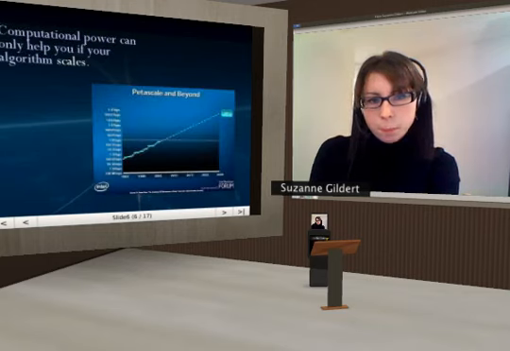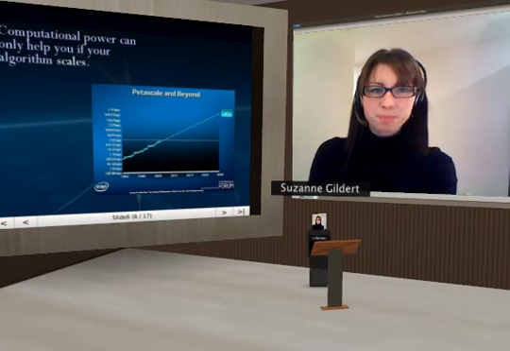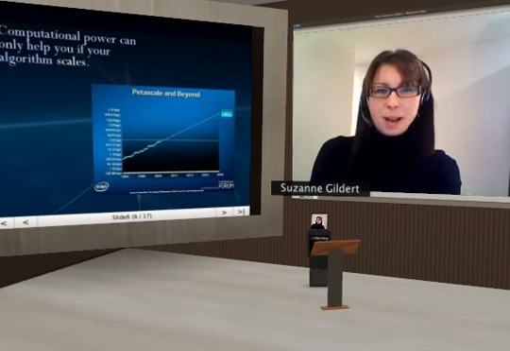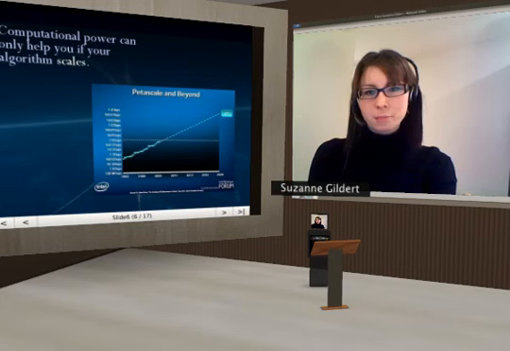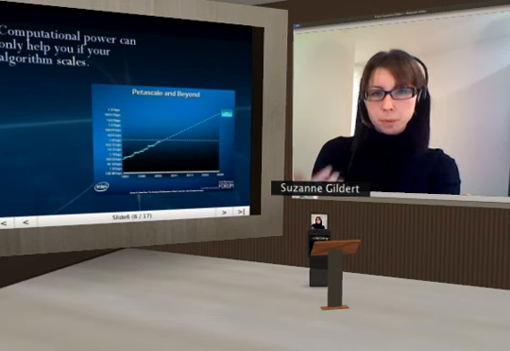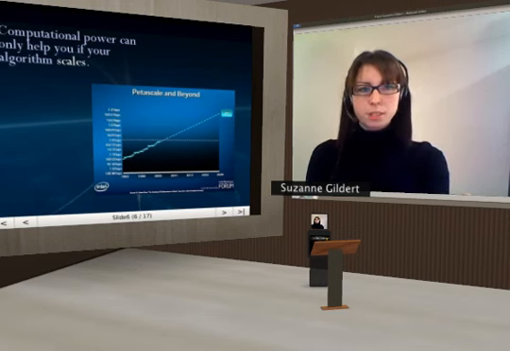So here's my first kind of controversial statement of the presentation, which is that computational power can only help you if the algorithm that you're trying to implement scales. So this is what worries me a little bit when people state this argument of Kurzweil's, which is that in year X we'll have enough computational power to simulate the brain.